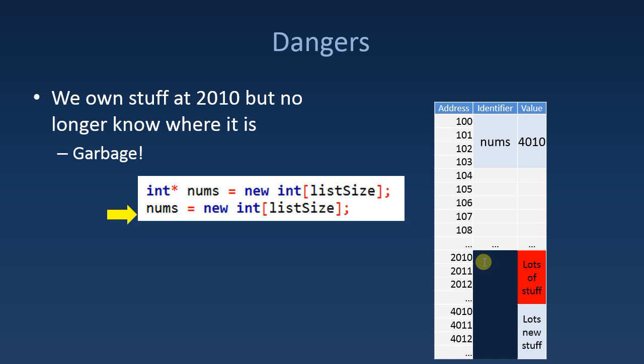You own a chunk of memory, and you don't have its address, or maybe you have its address and you're just sitting on it. But we're not freeing the memory that we own once we're done with it.